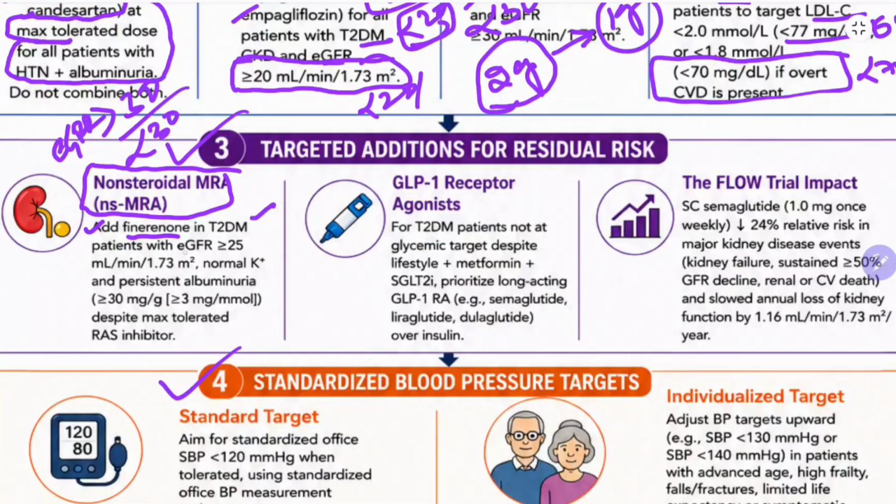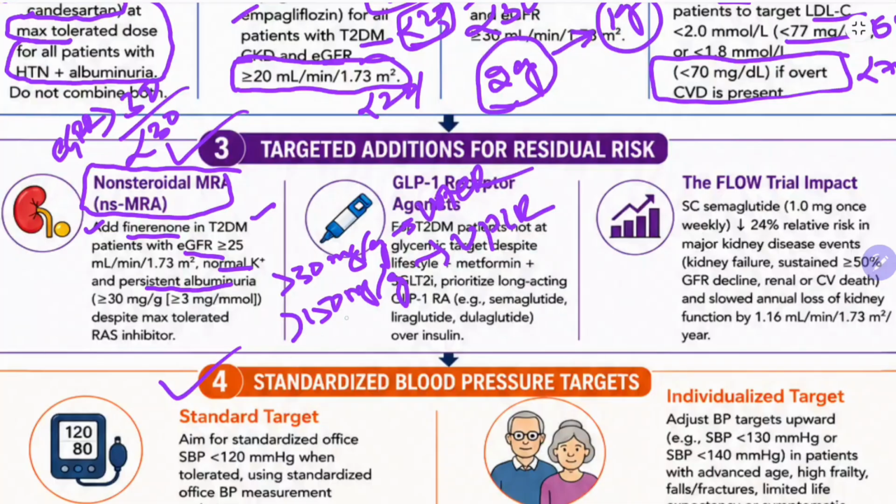The condition is eGFR should be more than 25 and potassium should be in the normal range, and the patient is having persistent albuminuria, meaning more than 30 milligram per gram, or more than 150 milligram per gram in terms of UPCR, and this is in terms of UACR, 150 to 500.